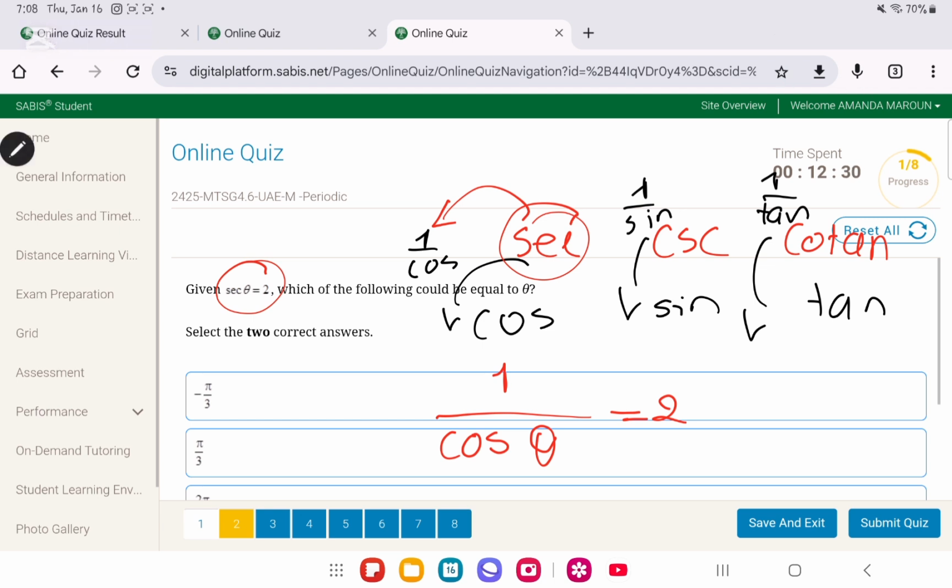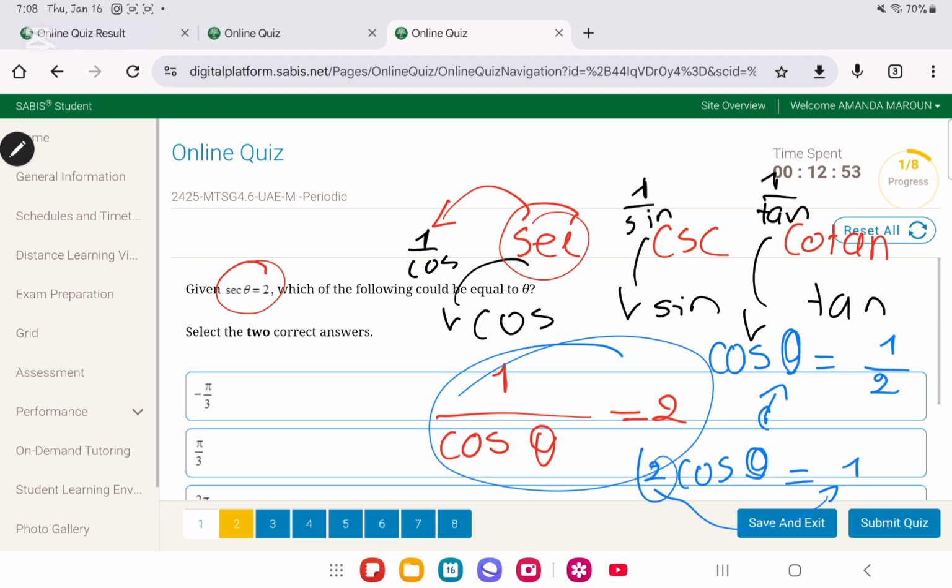And if you did do cross multiplication, you are going to get 2 cosine of theta, not squared, 2 cosine theta is equal to 1. Move 2 to the other side, so you will then get that cosine theta is equal to 1 over 2.